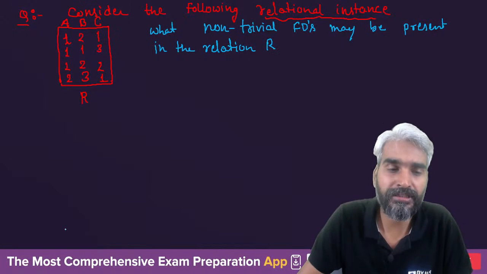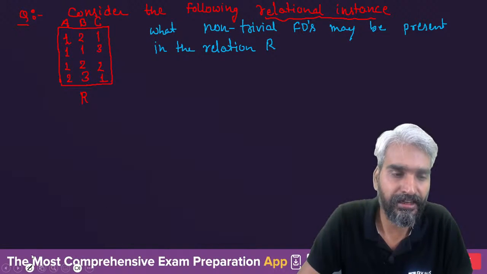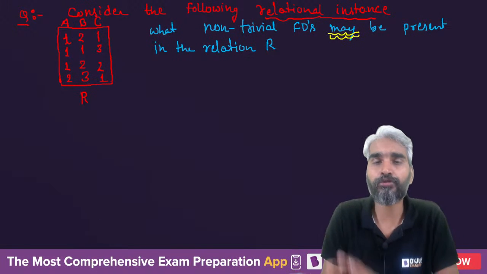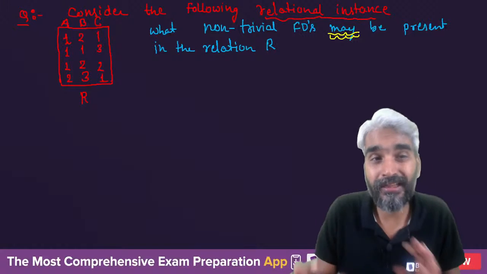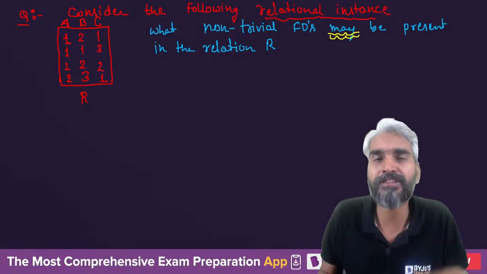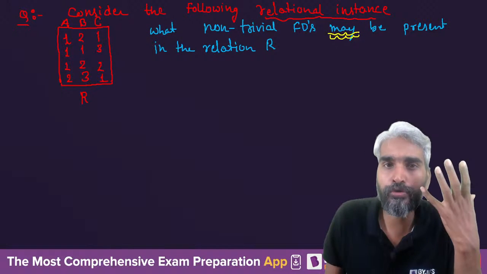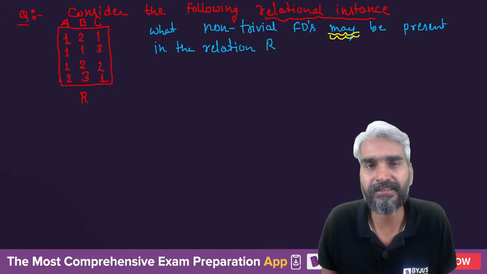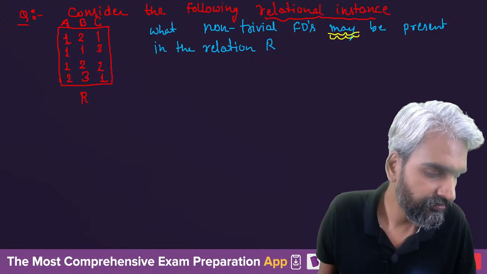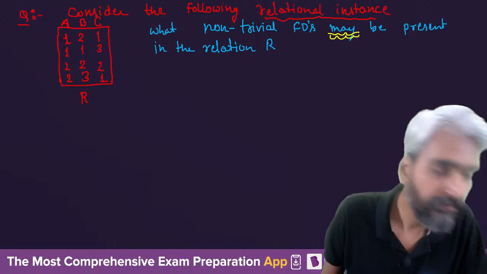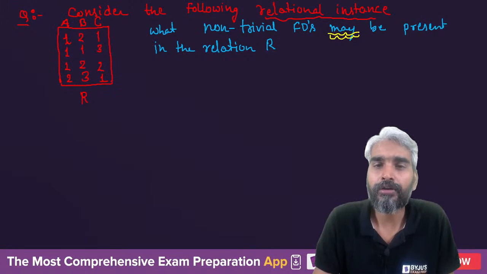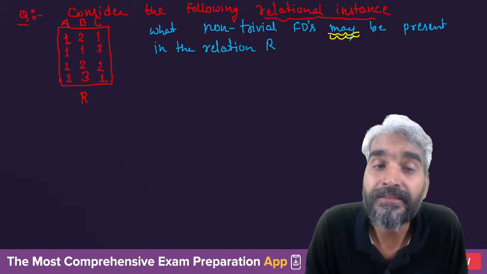Because this is just a relational instance. Its value may change over the period. So at this point of time, you may think that this might become a functional dependency, but after a point there may be some insertions in the table which will force you to think that this functional dependency cannot exist in this relation. Got the idea? So just think of this question. If this is any random relational instance, then what non-trivial FDs may be present in the relation?